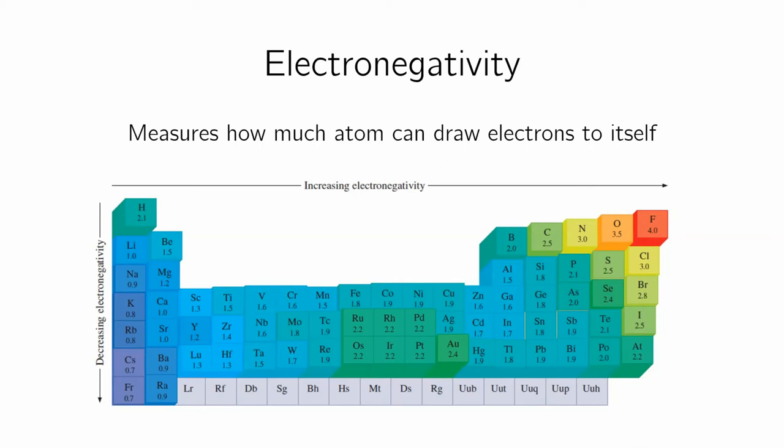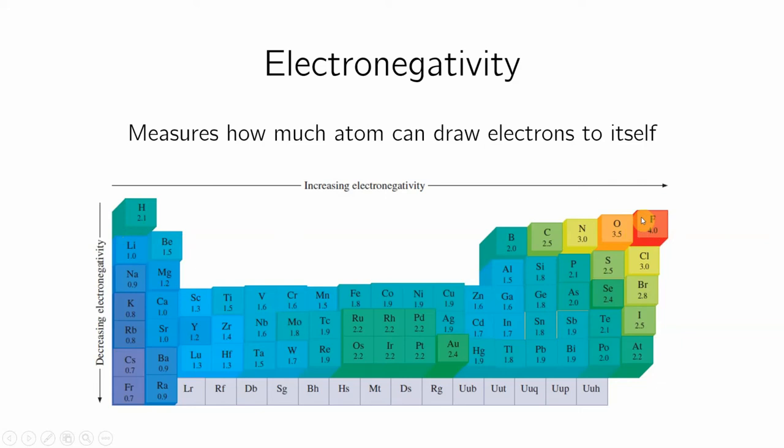Okay, fluorine is the best quote-unquote thief, and cesium and francium are the ones that want to give it up the most. They have a very, very low electronegativity. So when, say, lithium and fluorine get together, fluorine will take away lithium's electron. When fluorine and oxygen get together, it won't. It will form a covalent bond.